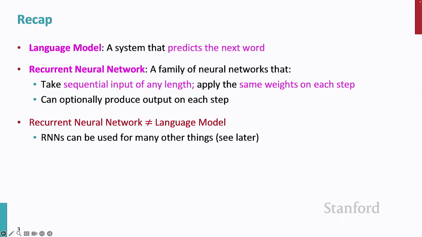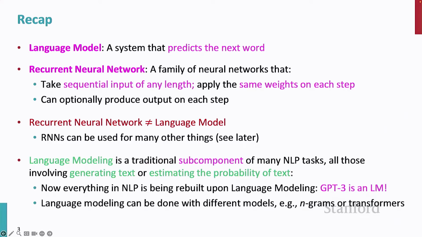So a recurrent neural network can be used for other purposes on any kinds of sequence, and I'll mention a few of those later today. And language modeling is a traditional component of many NLP tasks, anything to do with generating text or estimating likelihoods of pieces of text, and indeed in the modern instantiation of large language models, essentially everything we do in NLP is being done by language models.